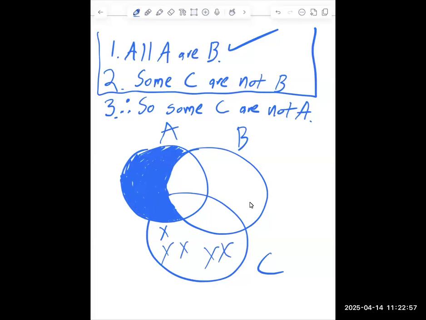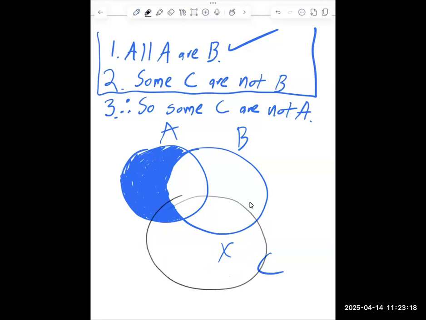No matter where she draws the X, there is going to be at least one thing that is in C and is not in A. Sorry, I erased my whole C there, but you guys get the idea. Oh, now we're back to black, right? All right.